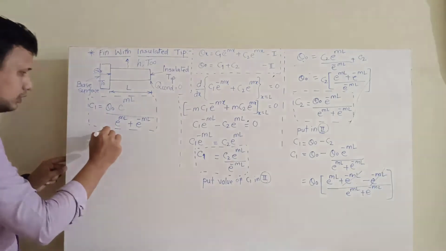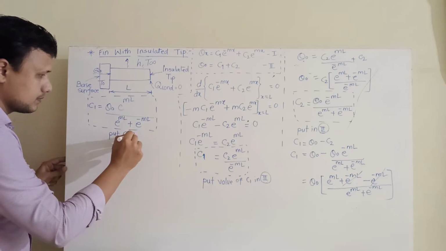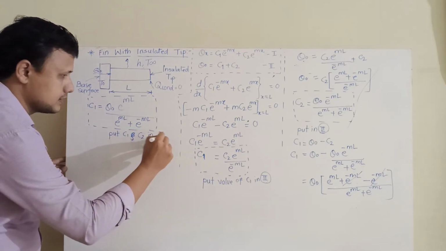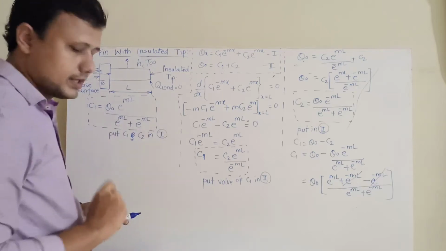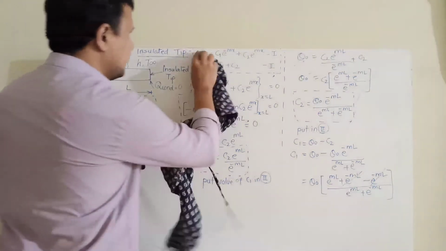So put C1 and C2 in measure equation 1. So what exactly do we get here? So I will eliminate this part, my mistake.